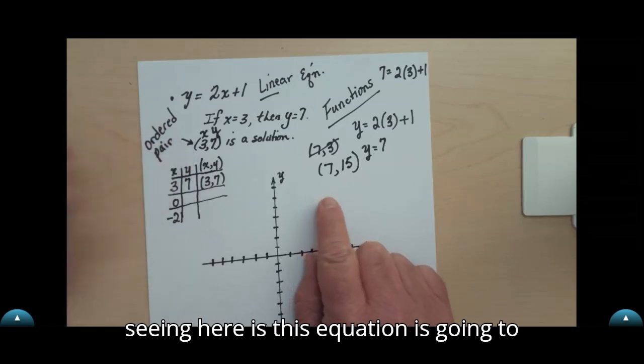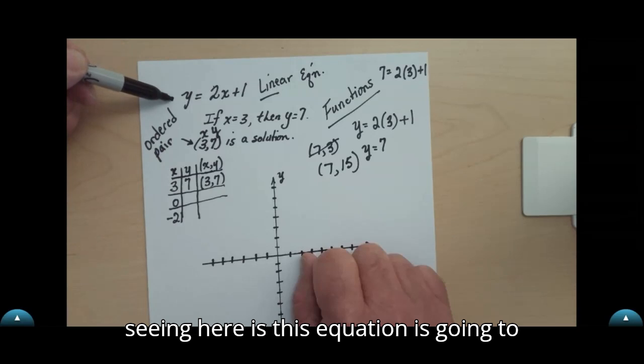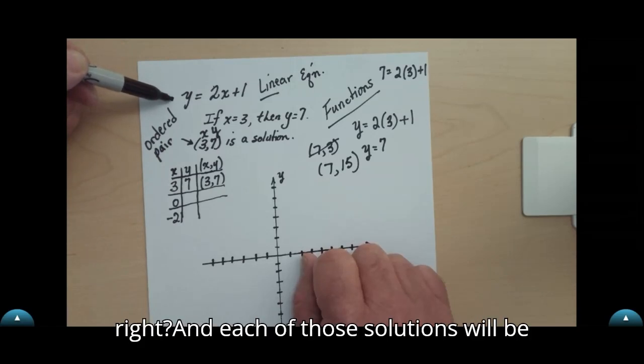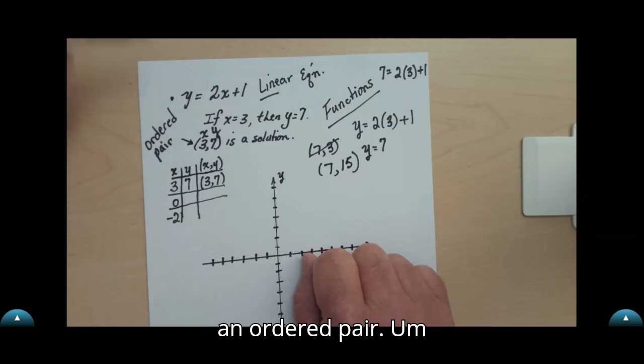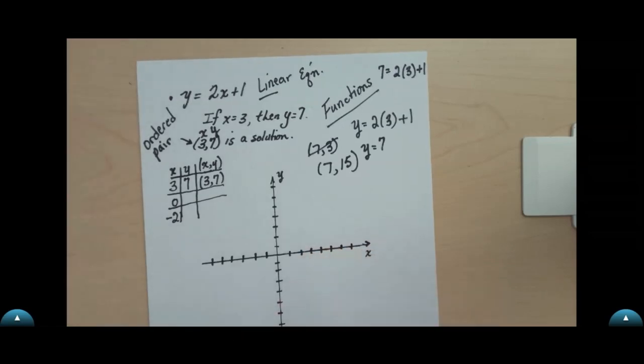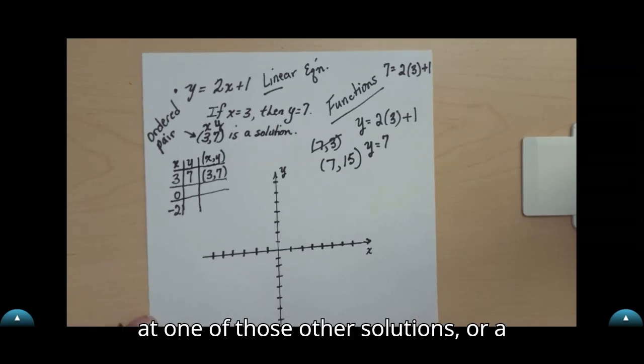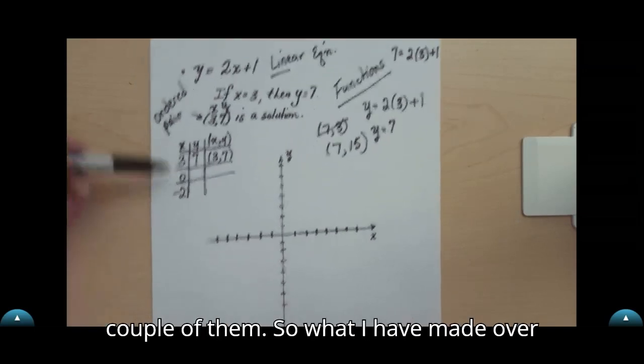Hopefully what you're seeing here is this equation is going to have lots and lots of solutions, right? And each of those solutions will be an ordered pair. We'll look at a bunch of those solutions in a minute, but for now, let's just look at one of those other solutions, or a couple of them.